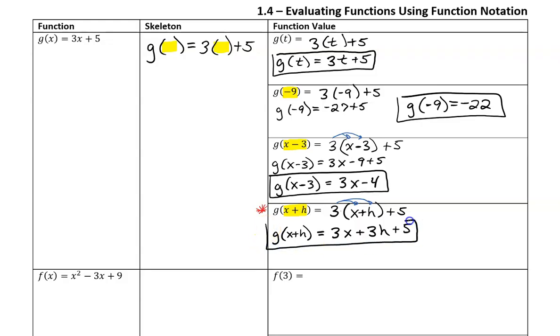And everything in there is different. There's no like terms, there's no common values here that we can combine. So that is, in fact, my answer. So not only do I have x's, but I also now have this other variable h, right? And that's okay because it's coming from the substitution part we made. Let's try that again.